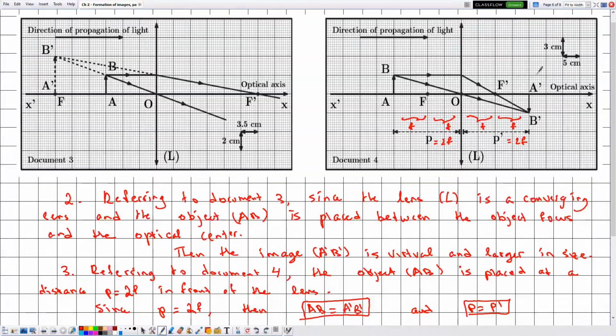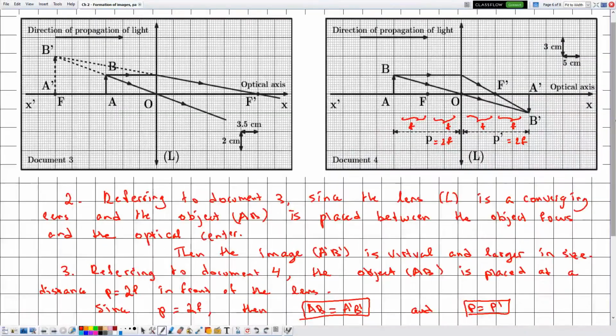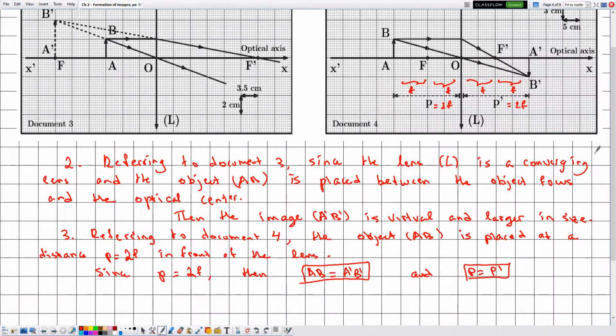And in this case, because the image is real, and because the size of the image is equal to the size of the object, so equal in size, then the role of the lens in this case is a photocopier. So in this case, we obtain a real image.